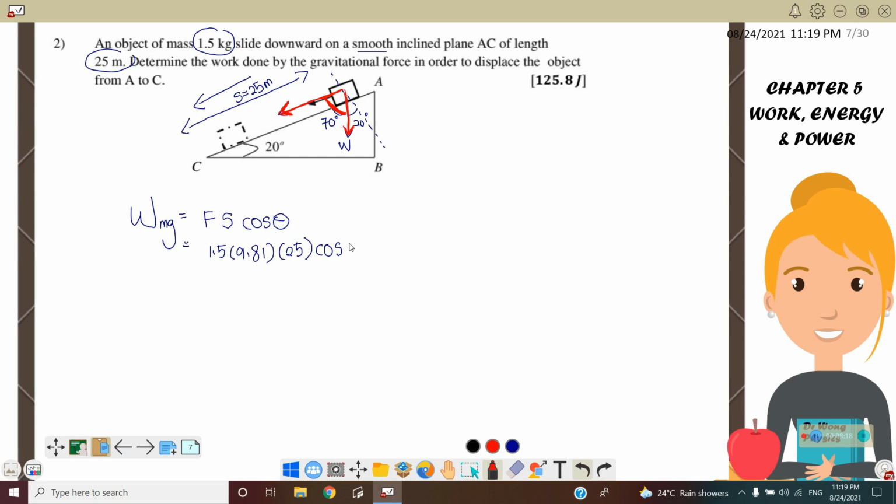So we substitute 70 degree, because it is the angle between the weight and the displacement. The angle must be between the weight and the displacement. So you press the calculator, you will get 125.8 joule. So this is the answer for question number 2.